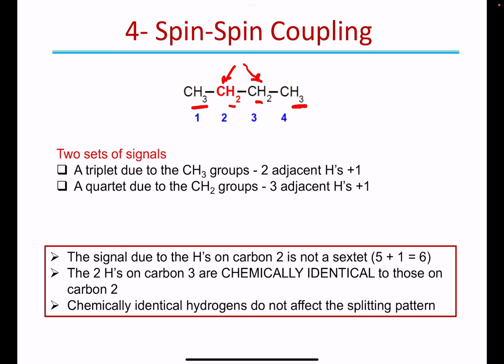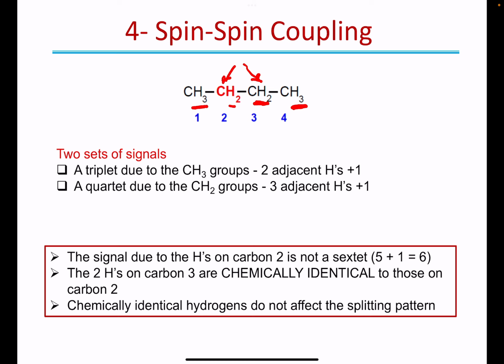And then for the splitting, you can see that the CH3, adjacent to it, there is a carbon which has 2 protons, which are not chemically equivalent to the protons on the CH3. So this is going to split. So the CH3 will be split into a triplet because there are 2 protons adjacent to it.